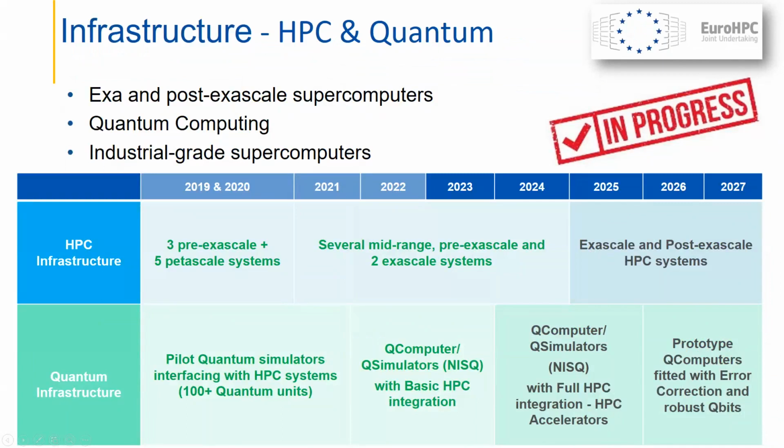Now, a second part of the infrastructure's updated mission is the introduction of quantum, industrial-grade, and post-exascale supercomputers. What you see in this table in green is what we have already achieved through the JU, and what you see in the columns 2025, 26, 27 is what we are going to do. This is our plan.